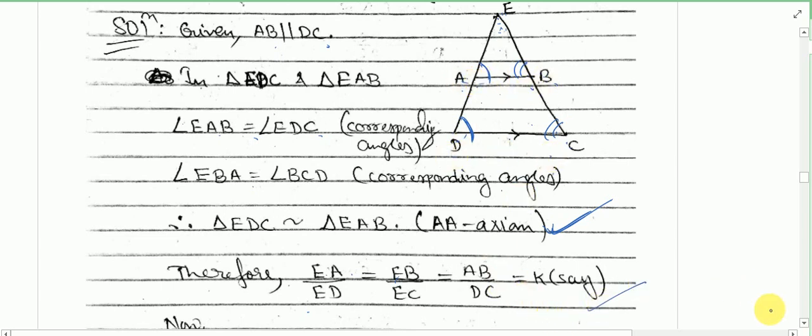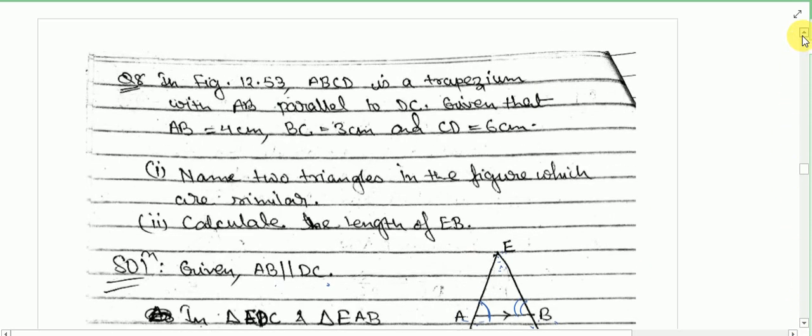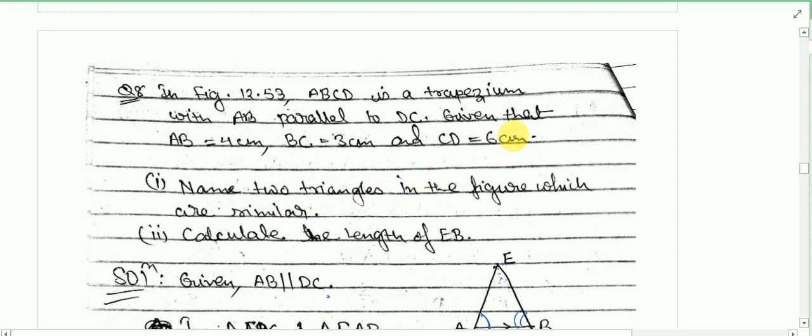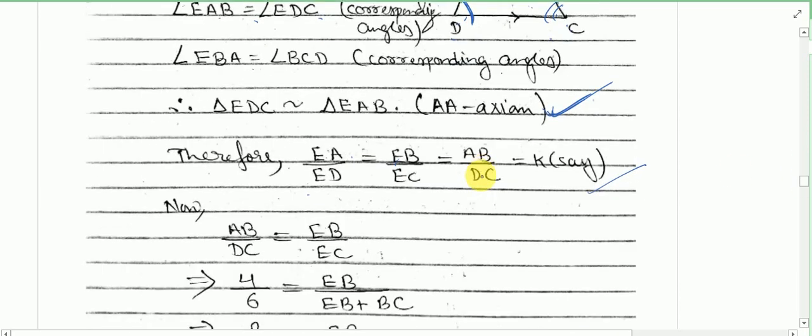Now we have to find the value of EB, and AB, BC and CD are given to us. Since we are looking for EB, and they have given AB and DC, we have to use this much to find EB. So I have taken it down.